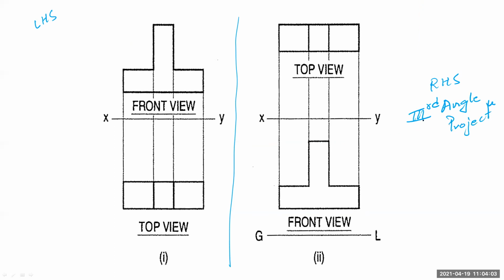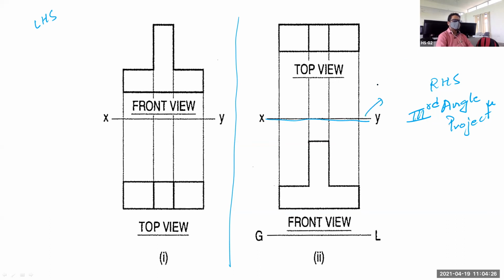So what brings you the conclusion that this is your third angle projection? Because it is in the third quadrant. Okay, but the thing is, you can see here that we have discussed that this XY is your reference line.